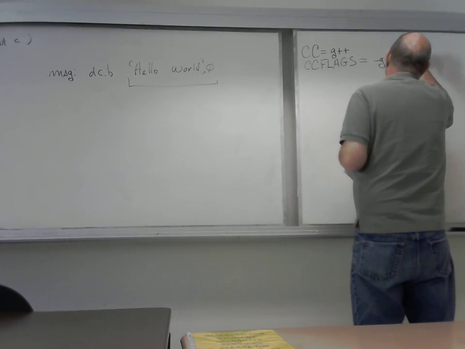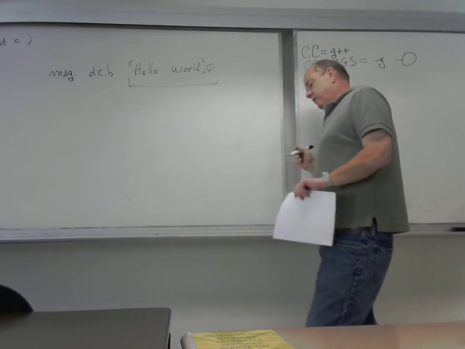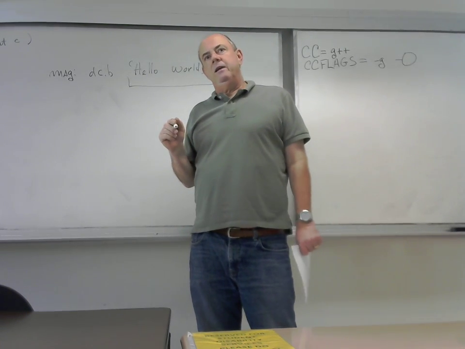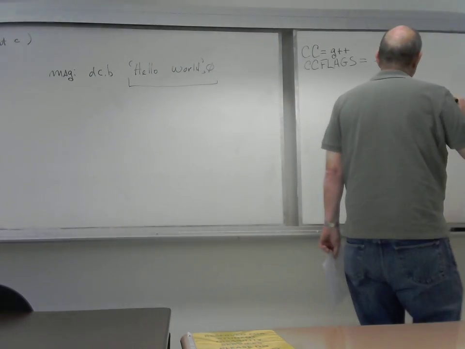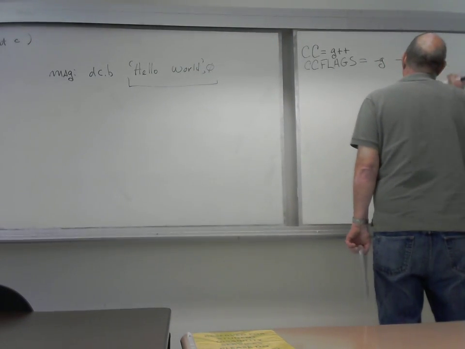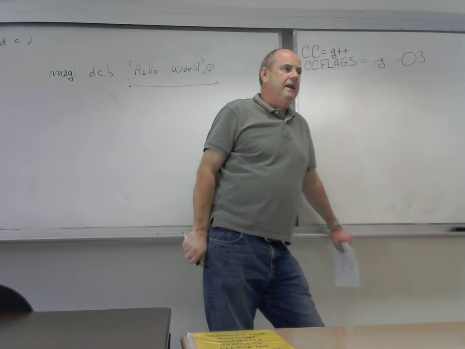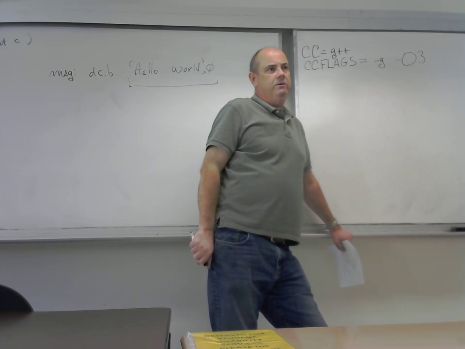Optimize the code. Capital O, and then the degree of optimization. Doing anything more than 3 is a waste of time. 2 or 3 is a good number to use. Basically what this says to the compiler is go ahead and knock yourself out, see how you can optimize this code.